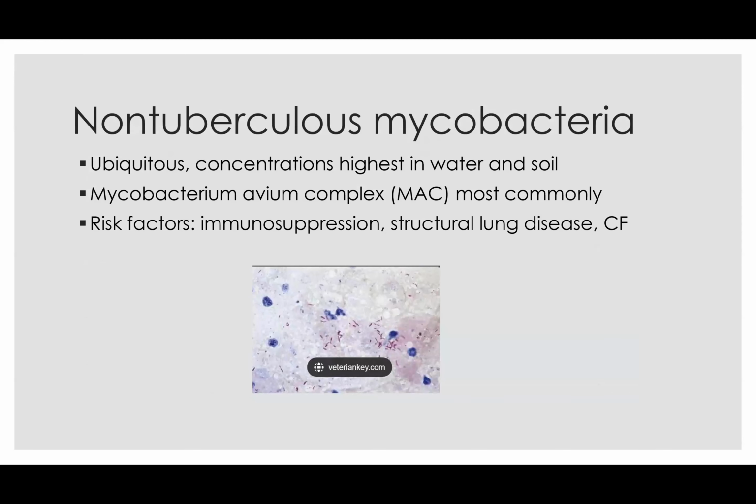Okay, then briefly, non-tuberculous mycobacteria. So NTMs are ubiquitous in the environment, but concentrations are highest in water and soil. The most common organism associated with the disease is MAC, and risk factors for the disease would include profound immunosuppression, such as HIV, patients with transplant, patients with structural lung diseases with architectural distortion, such as would be seen in chronic obstructive pulmonary disease, patients with silicosis, or even prior TB infection, and patients with CF or cystic fibrosis.